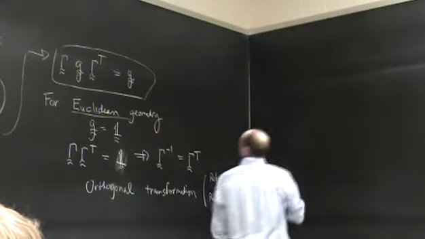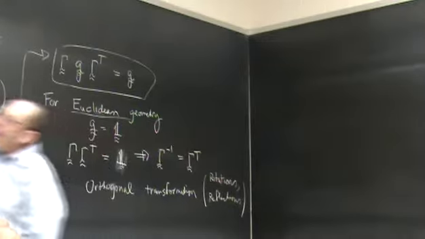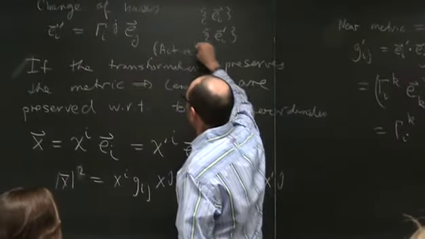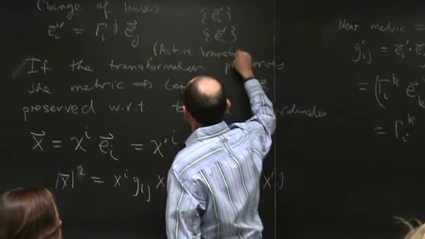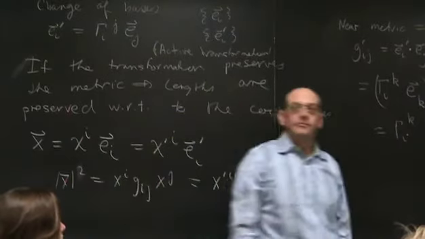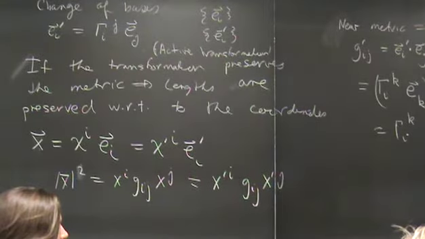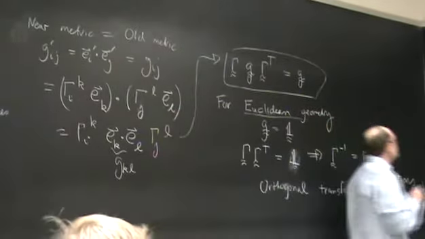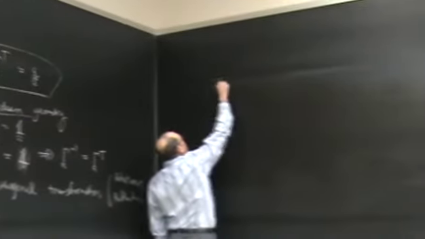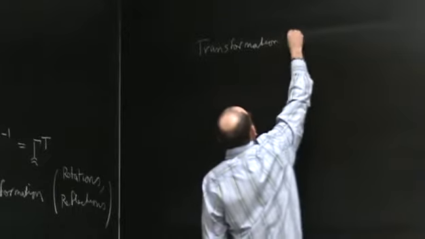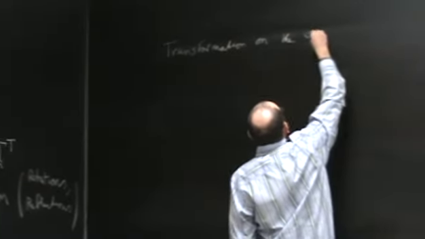This active transformation actually moves a vector to a different vector. But now I'm going to ask about a passive transformation, which is a transformation on the coordinates.